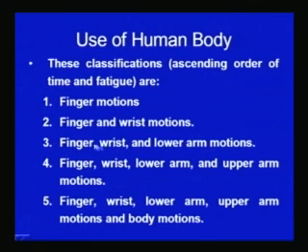All these three body parts are used in carrying out certain motions; those motions fall in classification 3. When the fingers, wrist, lower arm and upper arm are used for carrying out a motion, then it falls in classification 4.